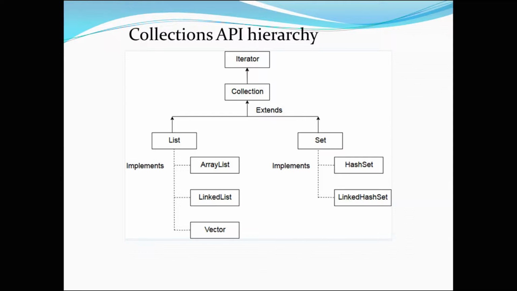This is the collection API hierarchy, in which List and Set interfaces extend Collection. The classes ArrayList, LinkedList, and Vector implement the List interface, which are ordered collection classes, I mean which will maintain insertion order.